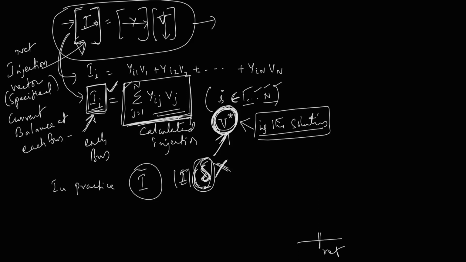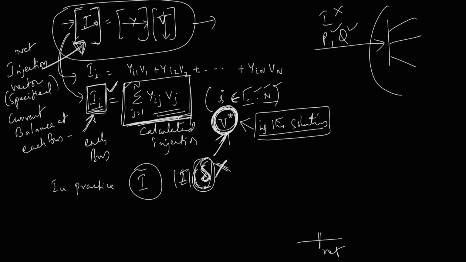So that is why we don't have the measurements of this injection vector in terms of currents, but we can have the injections not in currents but in powers. Active power and reactive power injection I can measure.